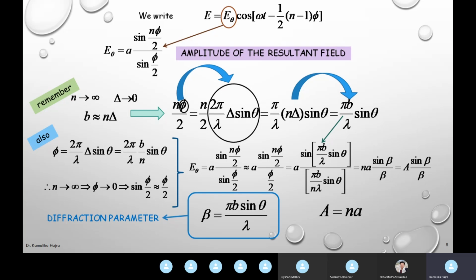It arises due to diffraction, and we will call this the diffraction parameter. Alright, we will require this in our further discussions of double slit and multiple slit diffraction. So this is the parameter that we are talking about.